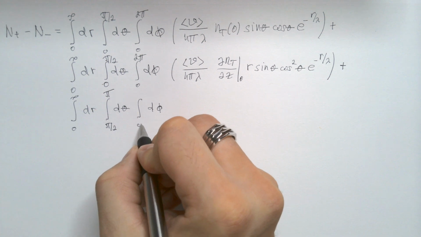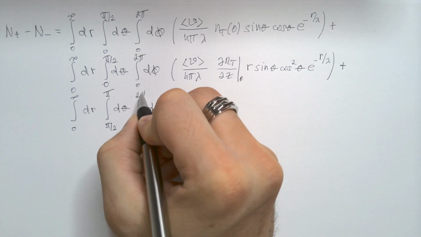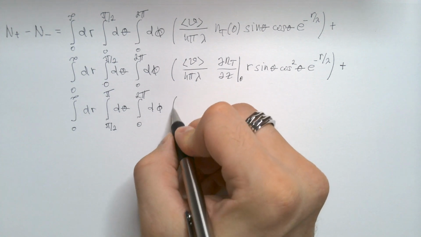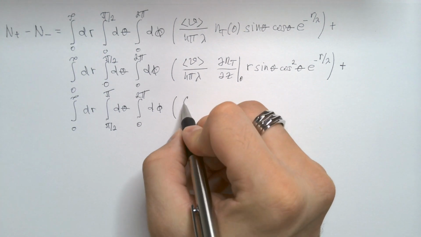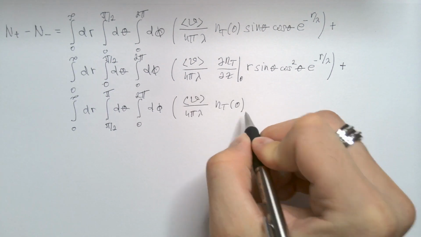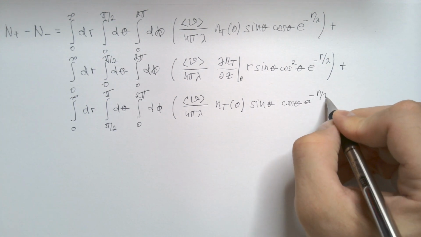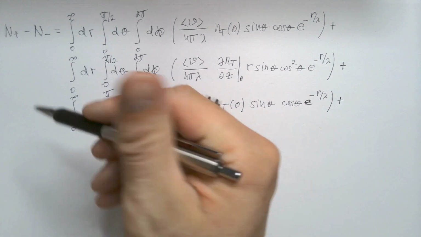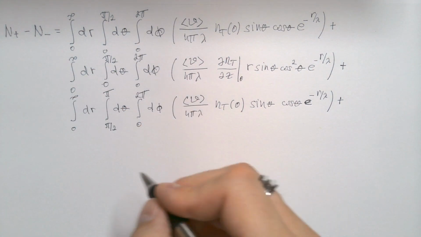And phi is again circling from 0 to 2 pi. And then we have this term over here. And finally, plus the second term associated with n negative.